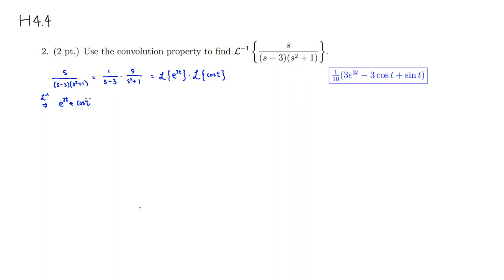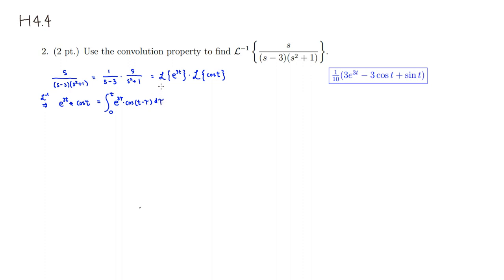By definition, this is an integral from 0 to t of e to the 3 tau times cosine of t minus tau with respect to tau.